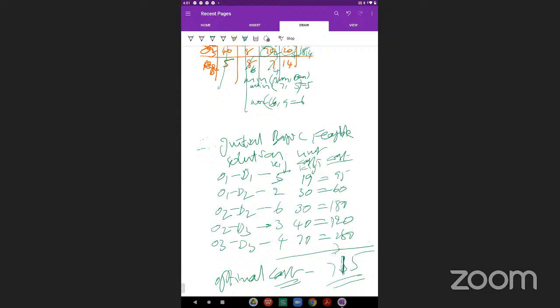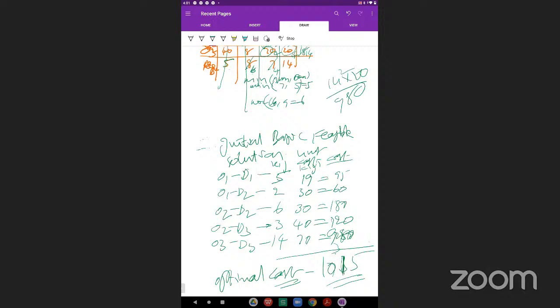Here, sorry, it is 14, 14 into 70. Last is 14 allotted. 14 into 70, so 980. The cost of 980. So 1015. This is the overall cost.